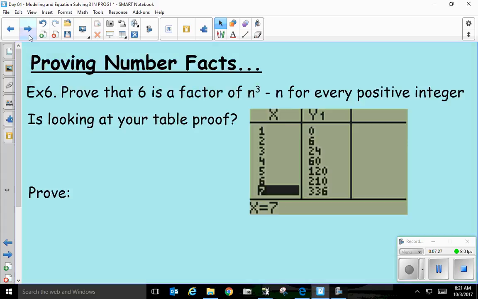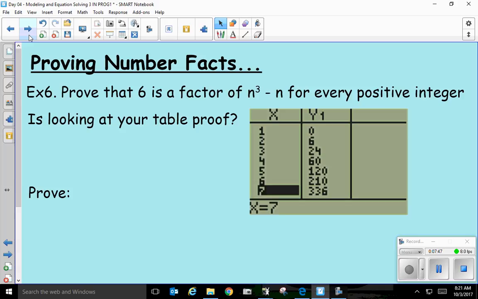All right. Okay. Prove that 6 is a factor of n cubed minus n for every positive integer. Looking at your table proof, first of all, let's think about this.